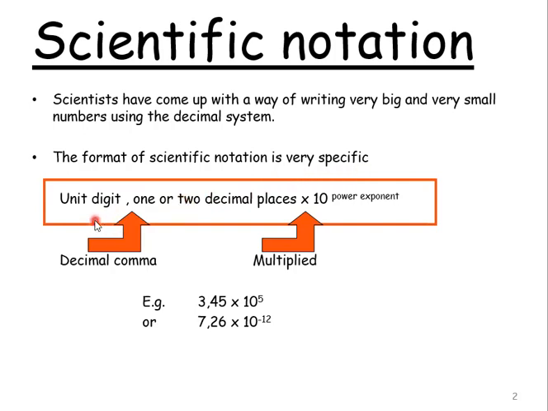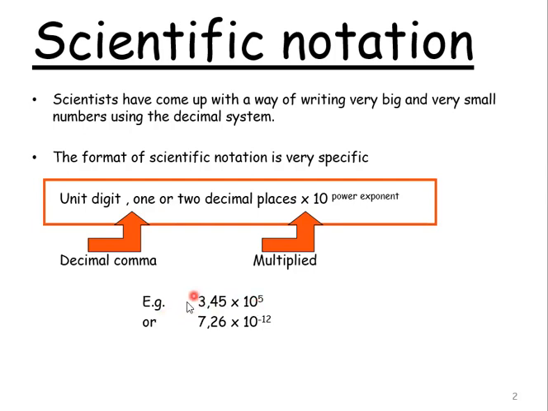You need to write a unit digit, one or two decimal places, then multiply by 10 to the exponent. Usually we prefer two decimals: one unit, two decimals, multiplied by 10 to a certain exponent.